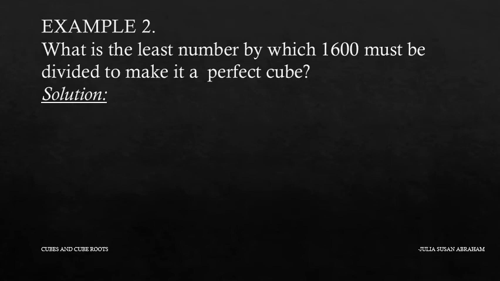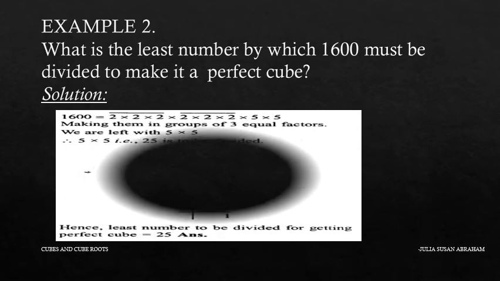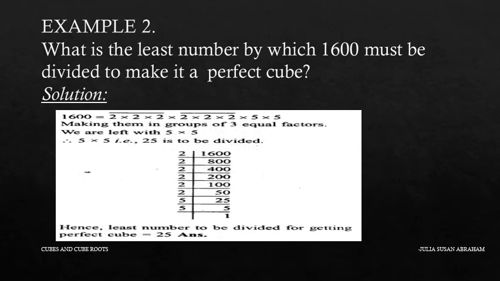Let's see another example. What is the least number by which 1600 must be divided to make it a perfect cube? As we go, 1600, we do the prime factorization. We express it as 1600 equals 2 into 2 into 2 into 2 into 2 into 2 into 5 into 5.